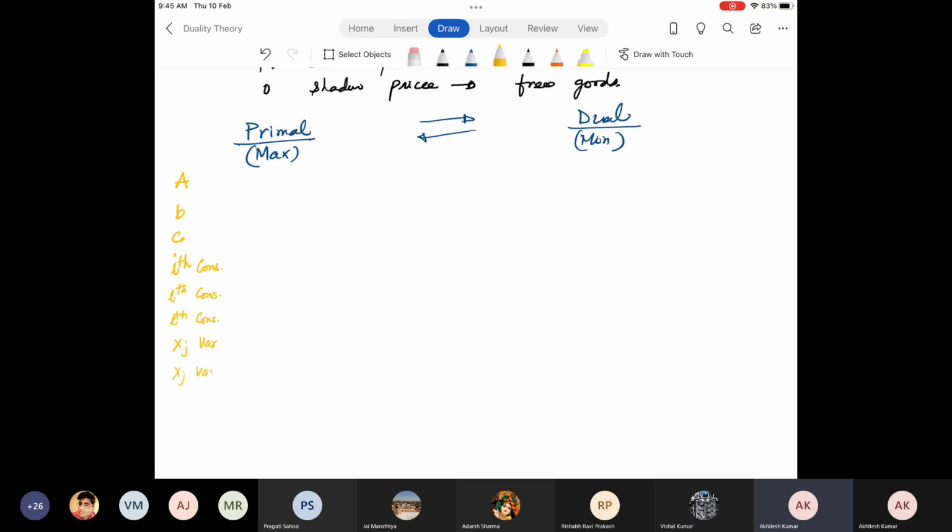In the primal problem, A is the technology coefficient matrix, B is your RHS vector, C is your cost vector.